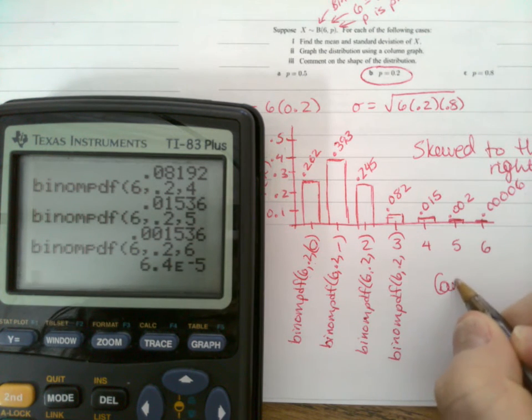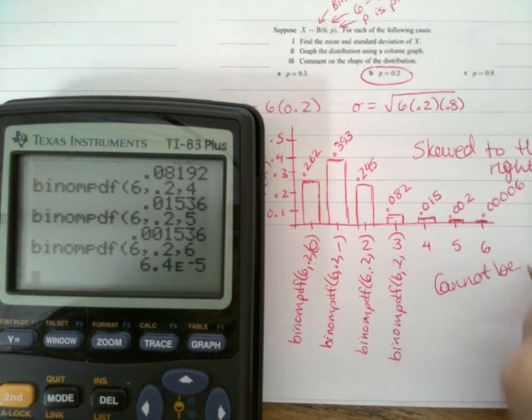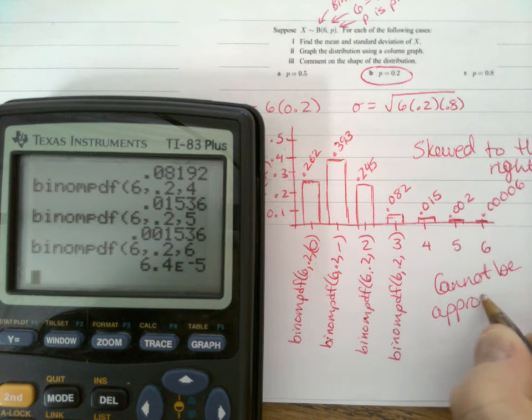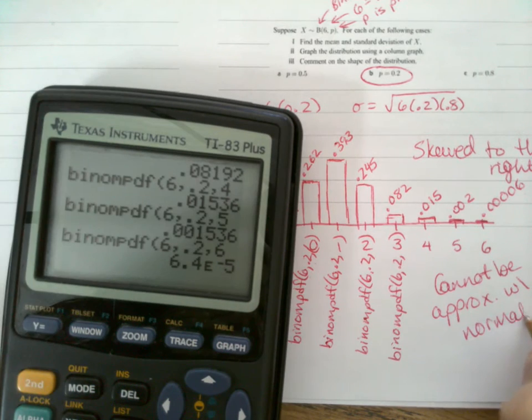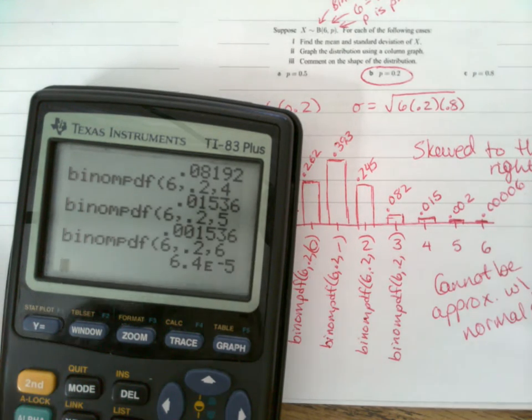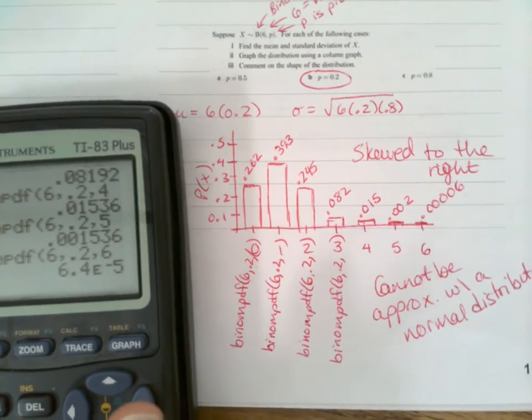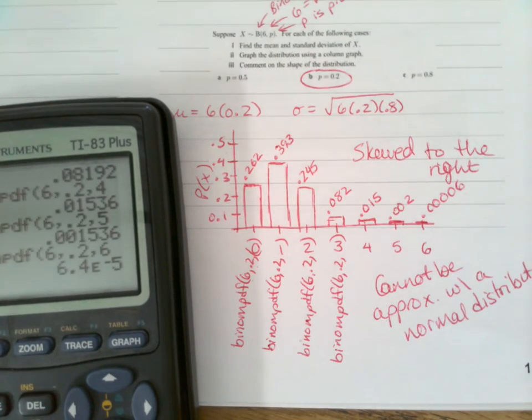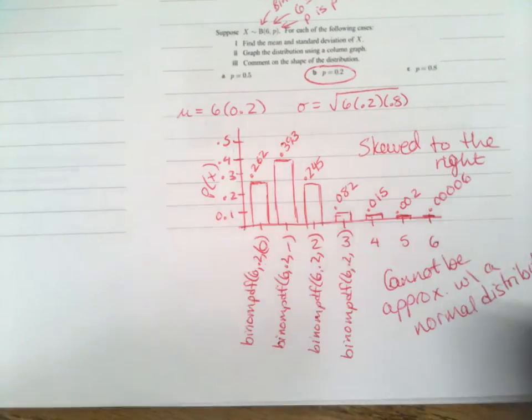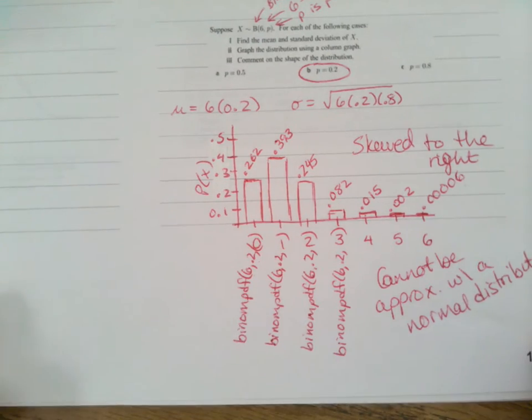This cannot be approximated with a normal distribution, which hopefully you remember the properties of, one of which is that it has to be symmetric. This is not symmetric, so we can't apply non-symmetric data to a symmetric graph.